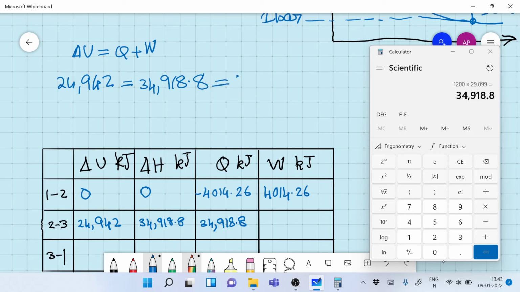So we have plus W. Therefore, W is equal to 24,942 minus 34,918.8, and that makes it minus 9,976.8.